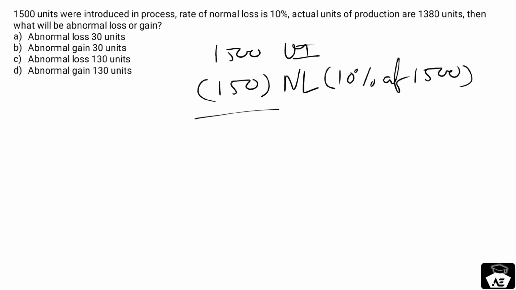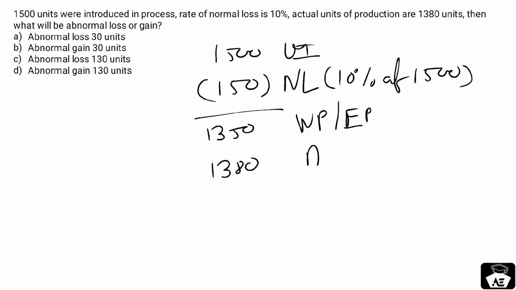So you will get your normal production, or you can say expected production, will be 1350. But what is your actual production? Your actual production is 1380.